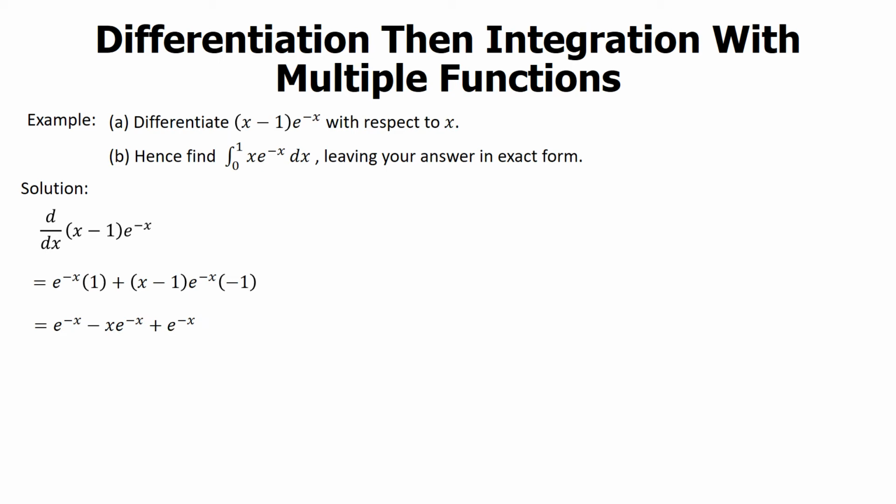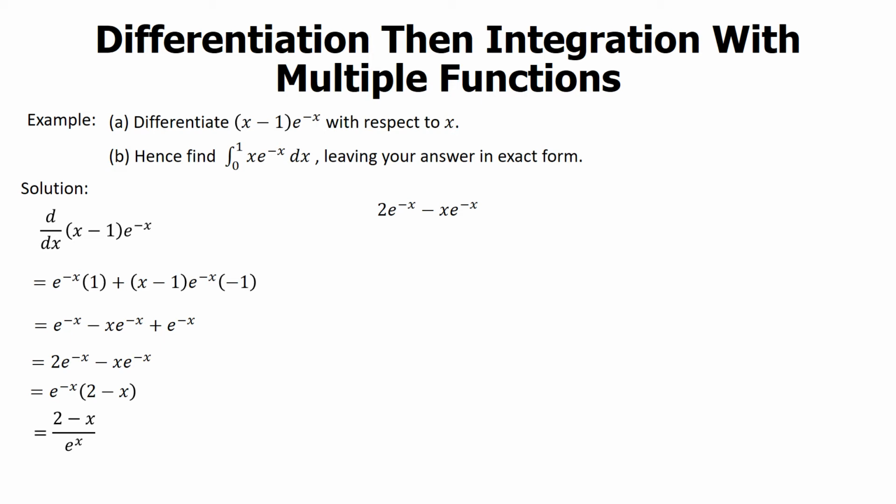And we get e to the power negative x minus x e to the power negative x plus e to the power negative x, which is 2 e to the power negative x minus x times e to the power negative x. You can factorize the e to the power negative x, then the bracket 2 minus x. So from here, we can put it into a fraction, which is 2 minus x over e to the power of x.